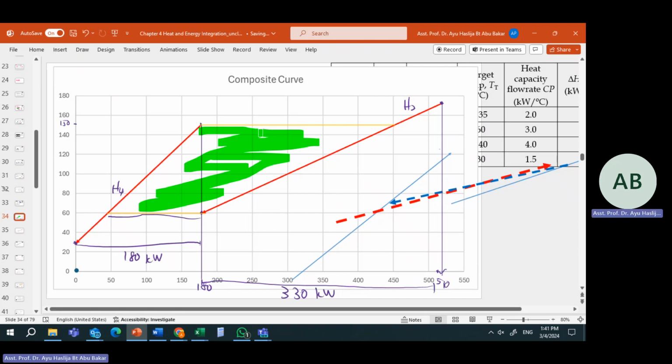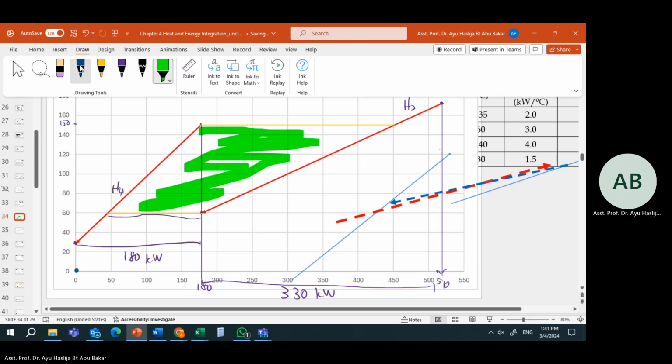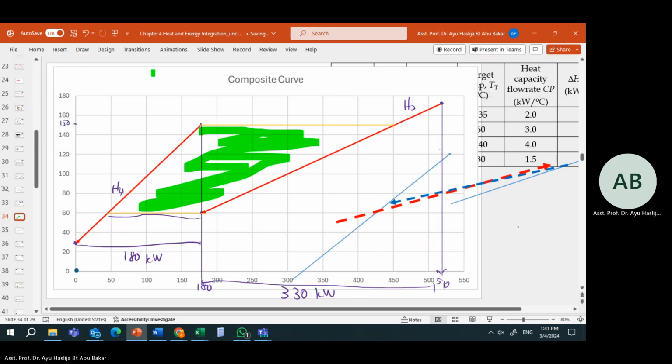Now combine this H4 and H2 to get one stream of hot stream. Only one stream. How to combine them?